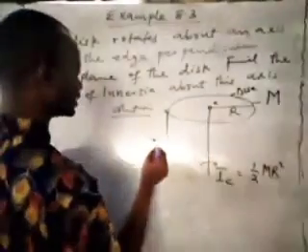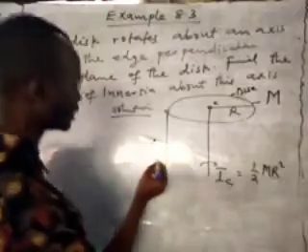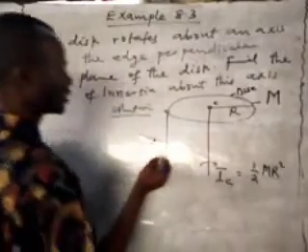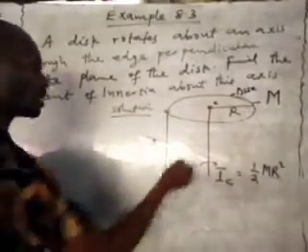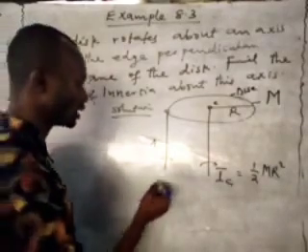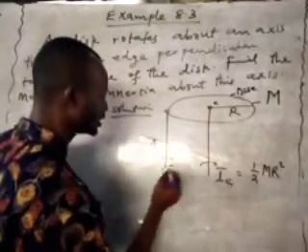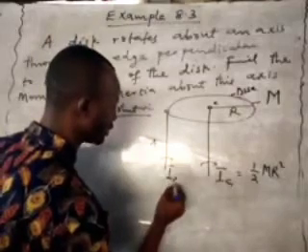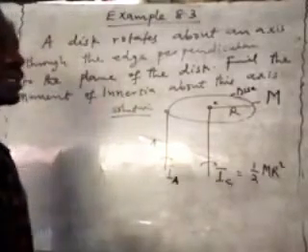Let me call this axis A. Then I want to rotate this object about this axis. By so rotating this object, I can equally find the inertia of this rotation about this new axis I have chosen.